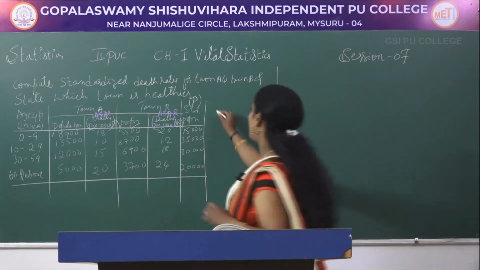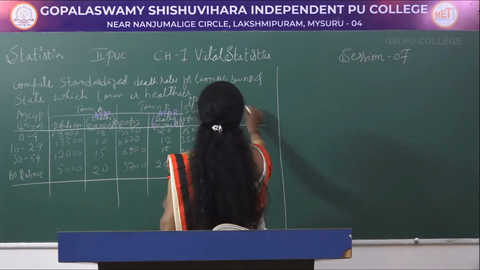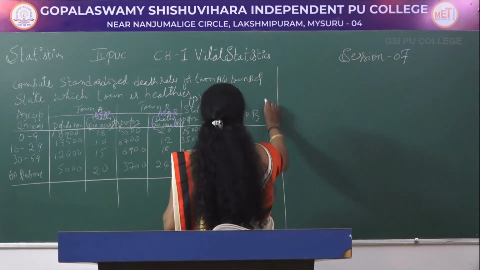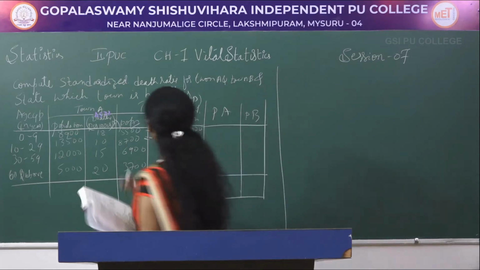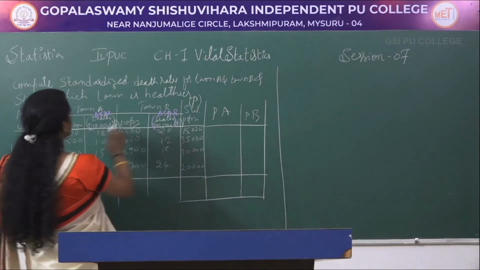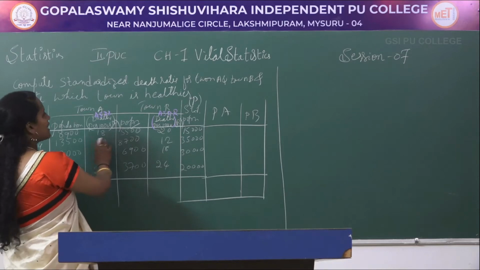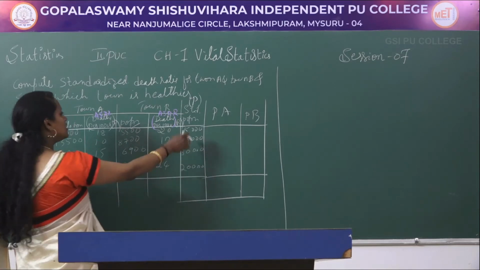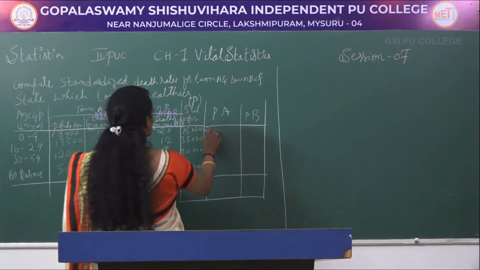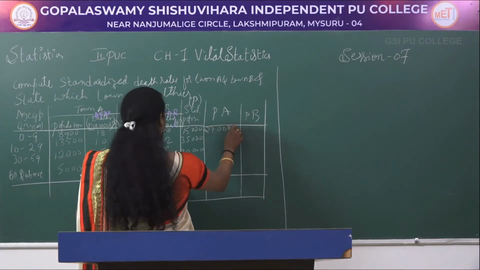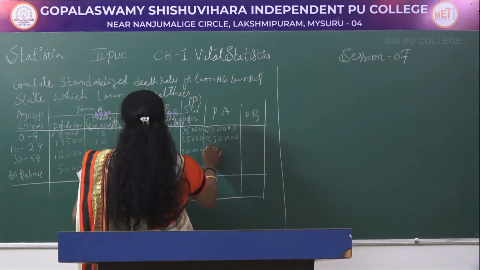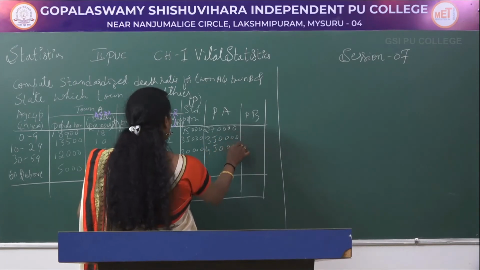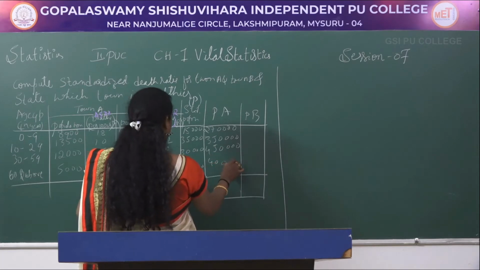Let's take the product of P into A and P into B. P is standard population, A is ASDR of town A. You have to multiply these two columns so that you will get PA values as 270000, 35, 50,000, 4 lakhs.